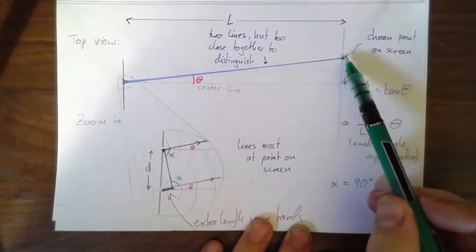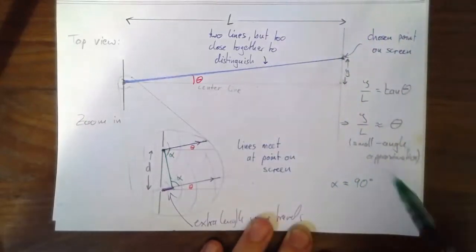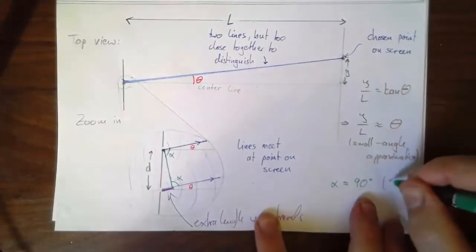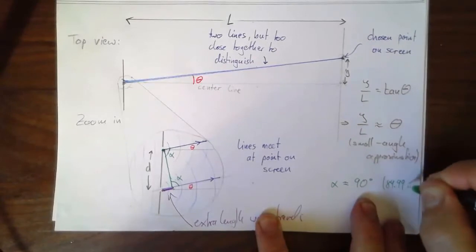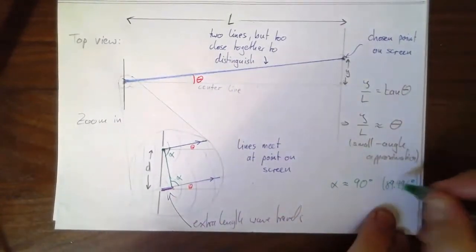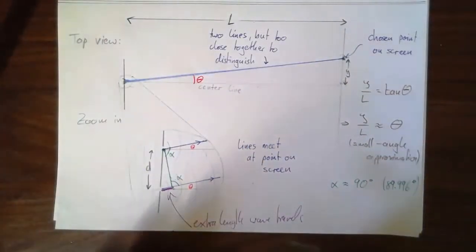In fact, it's about d over L-ish. I might write maybe 89.996 degrees, something like that. So it's really, really close to 90.